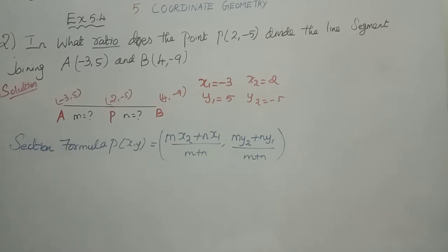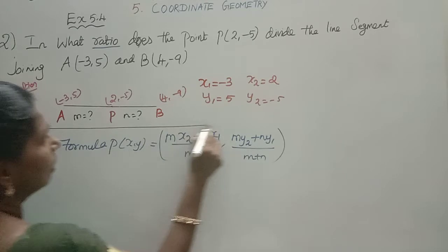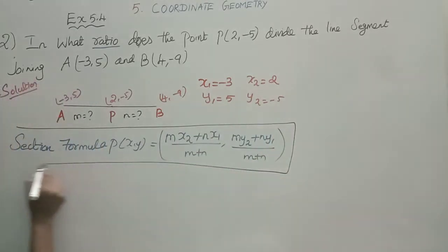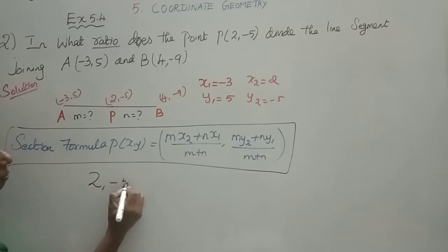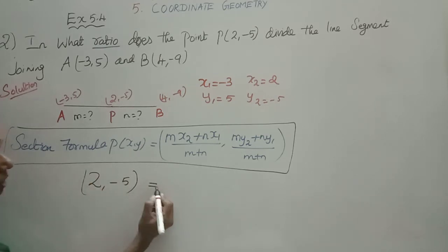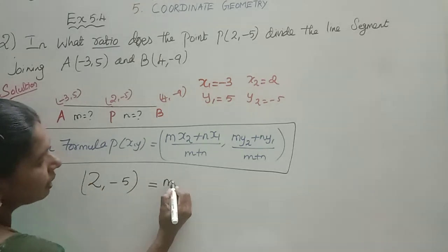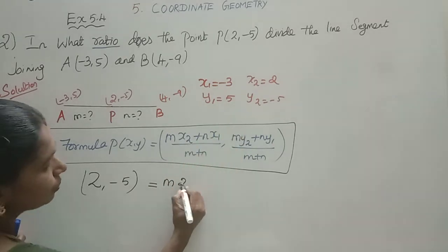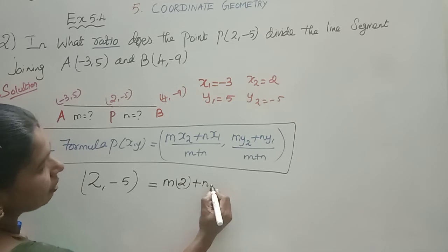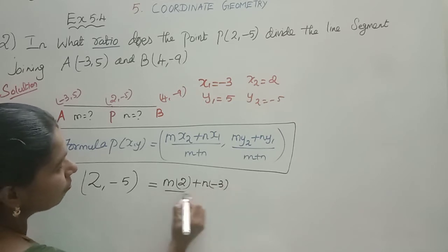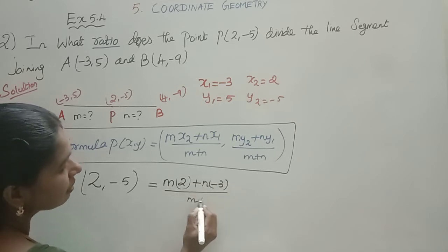Now this is the formula, and you know the value of P of x comma y. What is P of x comma y? Here I am writing 2 comma minus 5 is equal to m into x2, 4, plus n into x1, minus 3, by m plus n.